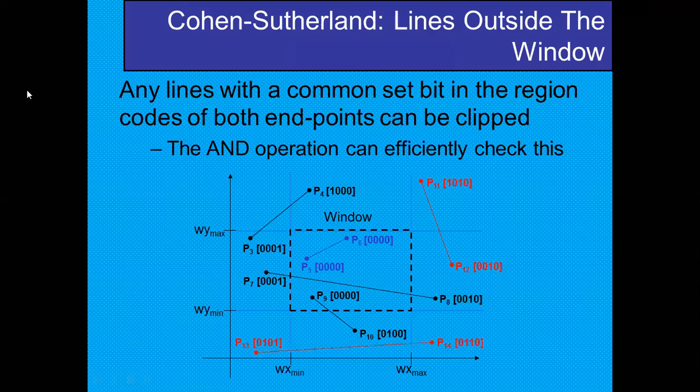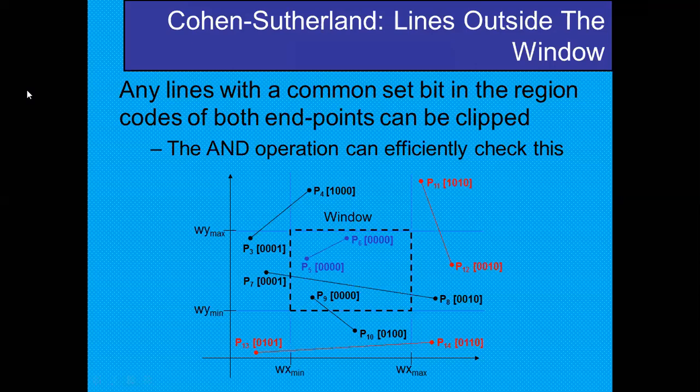Now with the help of these 4-bit codes, we can take the decision. If any line is passing through the window edges, then first we will check in which region it is lying, and then we will solve those bit codes and do the ANDing operation.